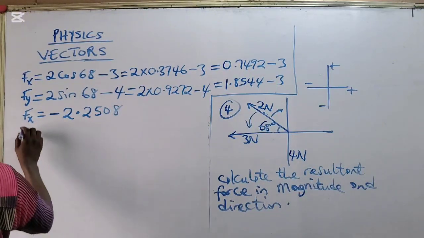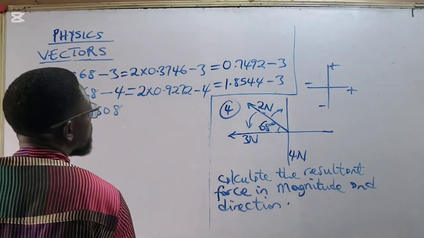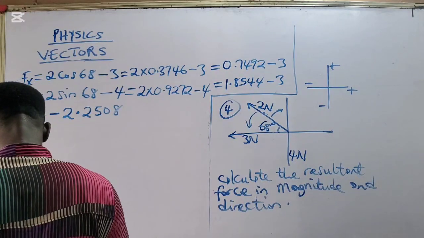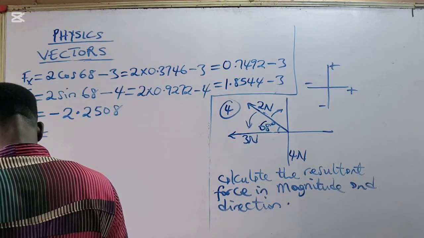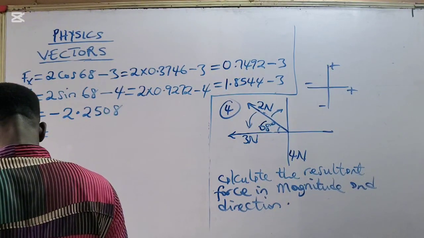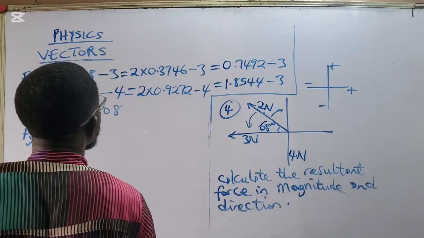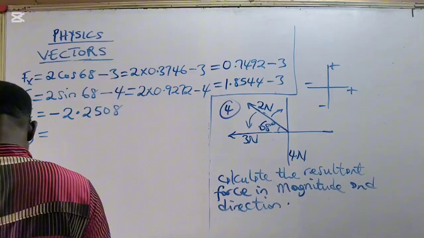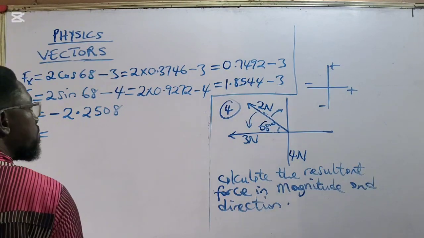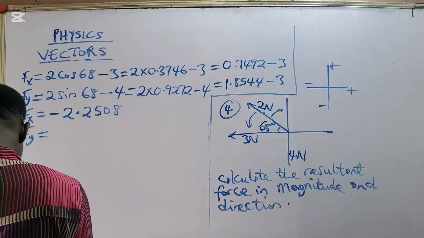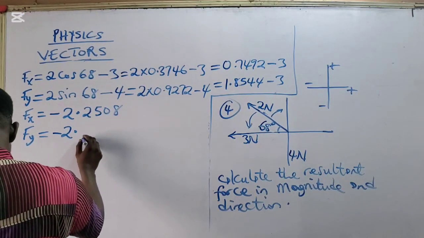Then Fy we will get 1.8544 minus 4. That will be minus 2.1456.